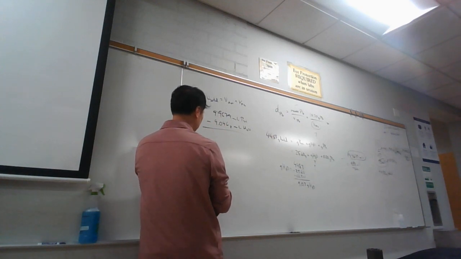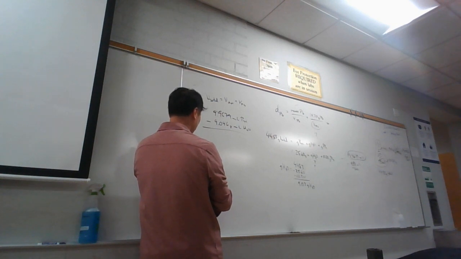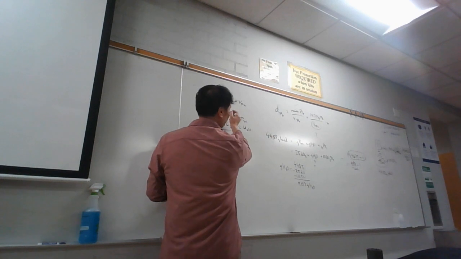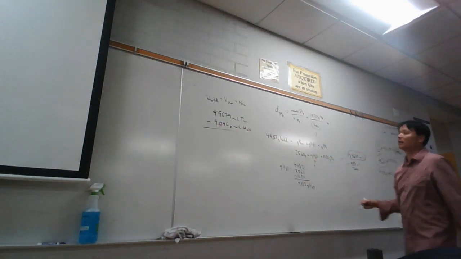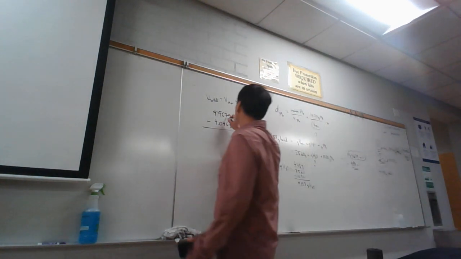And what is that going to come out to? So we got 9.9679 minus 9.0463. How many decimal places am I allowed? 2 decimal places, it looks like. So I'm going to have to round this to 2.